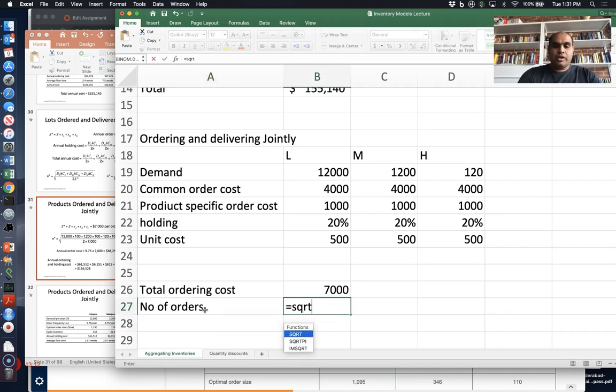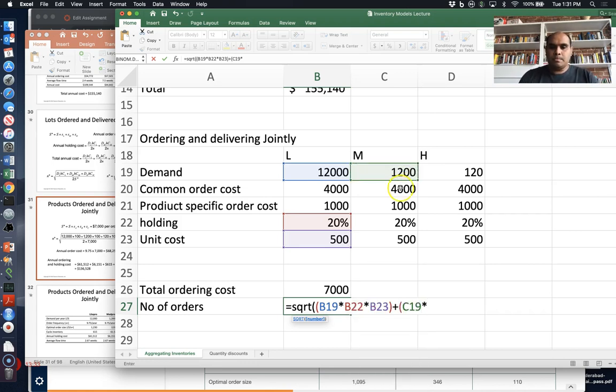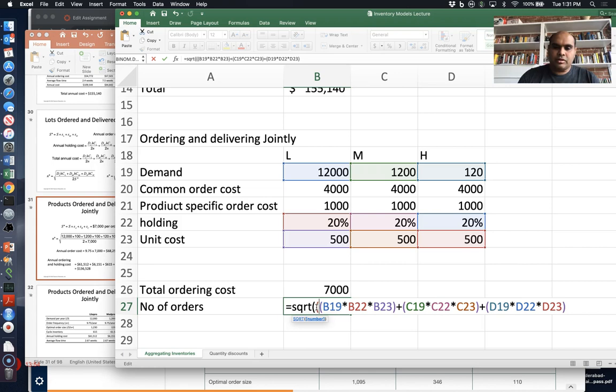It will be the square root of demand times H times C, and you're adding multiple of them: demand times H times C plus demand times H times C plus demand times H times C. All of this is the numerator, so I'm going to put a big parenthesis around all of this.